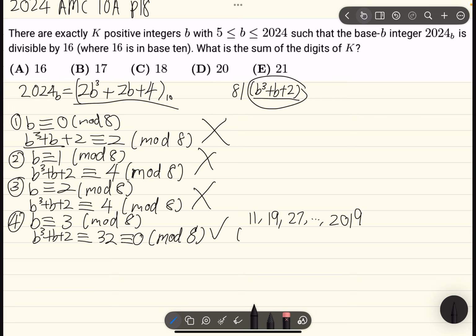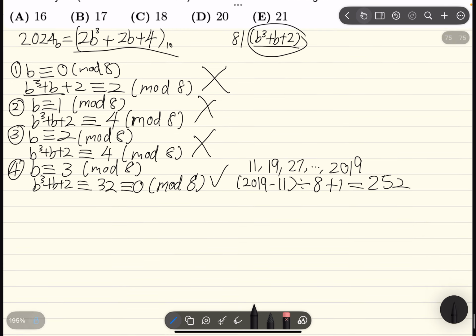How many numbers are there? We have (2019 minus 11) divided by 8, plus 1. That is 2008 divided by 8 plus 1, which gives us 252.